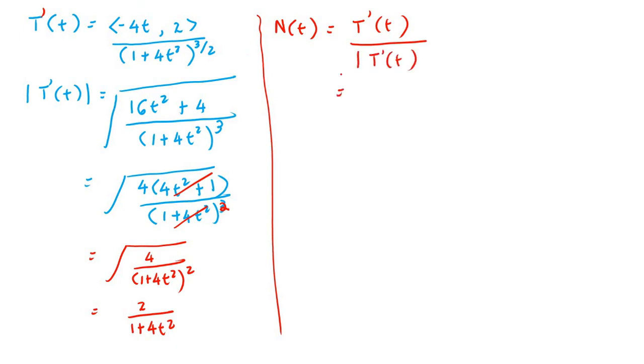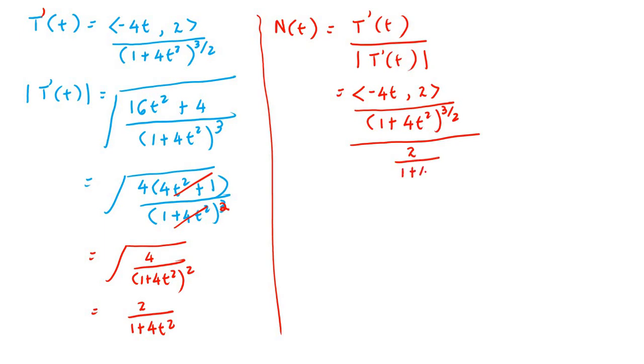So T prime t is negative 4ti plus 2j divided by (1 plus 4t squared) to the power 3 over 2, divided by the magnitude of T prime t, which is 2 over 1 plus 4t squared.